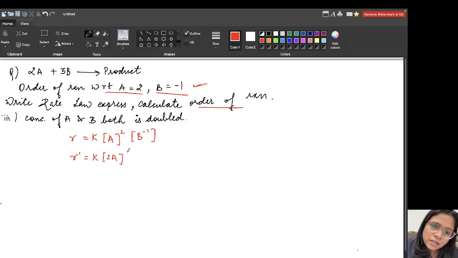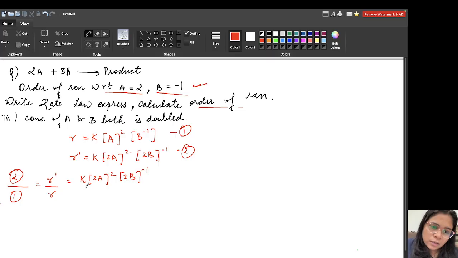So we are writing 2A squared, 2B raised to the power minus 1. Just do 2 divided by 1. R dash by r is equal to K, 2A squared, 2B raised to the power minus 1, divided by K, A squared, B raised to the power minus 1.